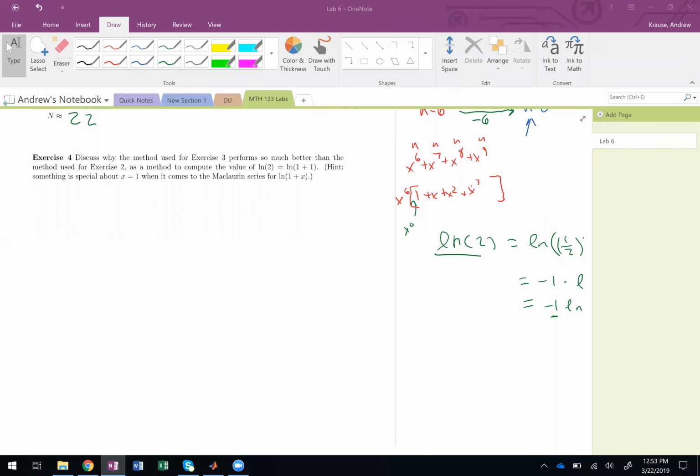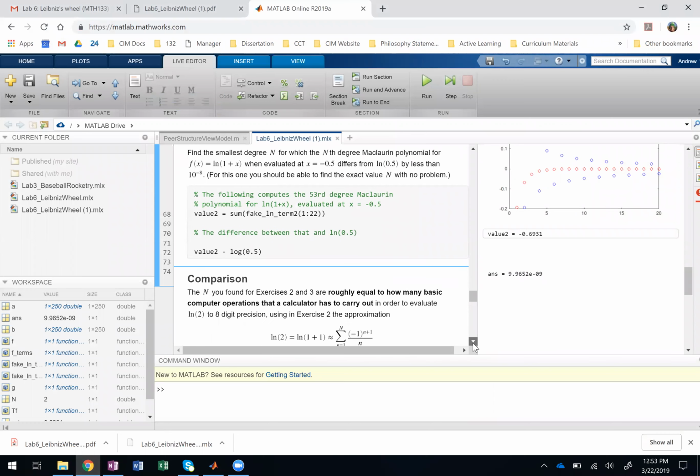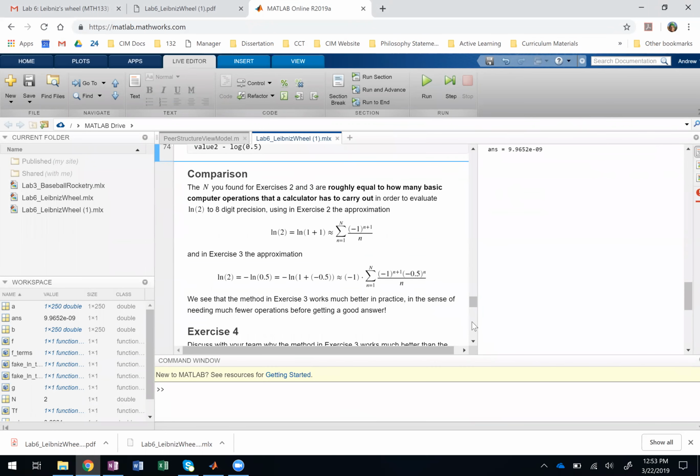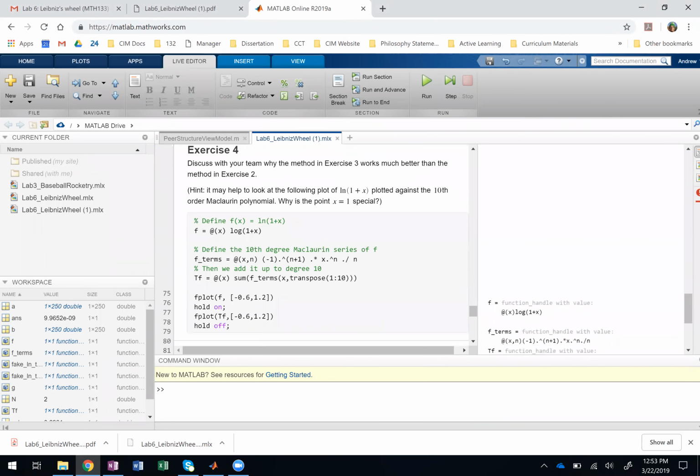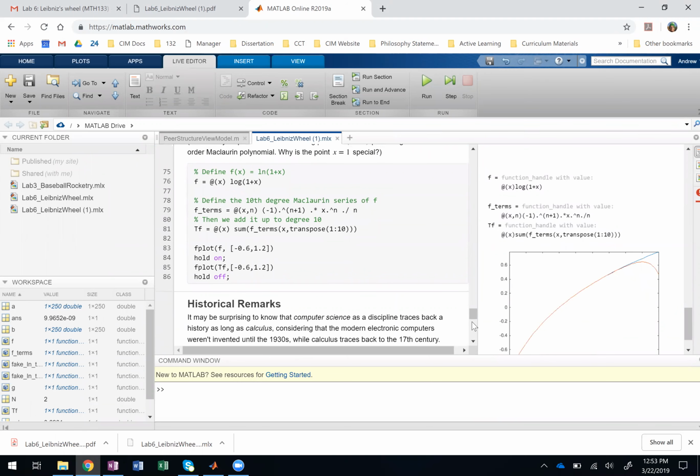Okay, so we've started to see that something's going wrong by plugging in 1, right? So what's special about this value 1 when we plug it into natural log of 1 plus x? Well, if we go back to this MATLAB document, we talked about what the Taylor polynomial looks like compared to the actual function.